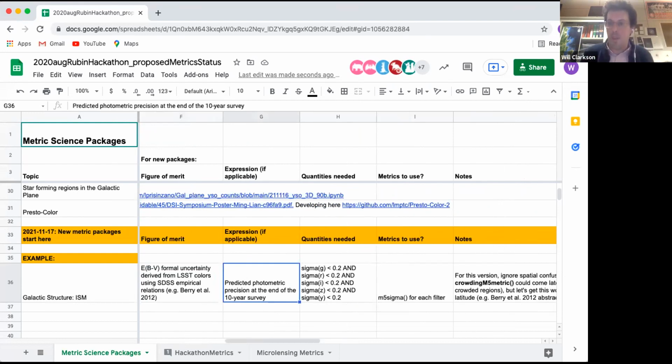The intention of all of this is to be able to gather information to help the community add information in a way that would be useful to the Sims people, to work with the community to help get the metrics in place by the phase 1 requirement from the SCOC.